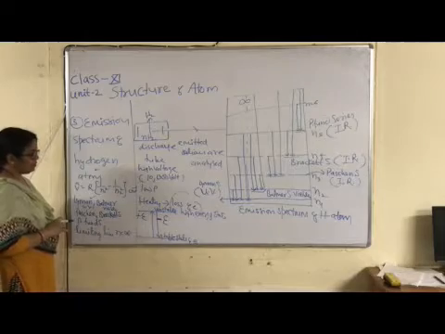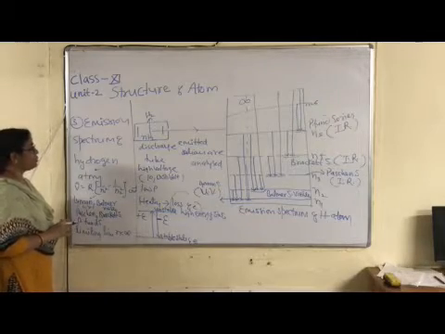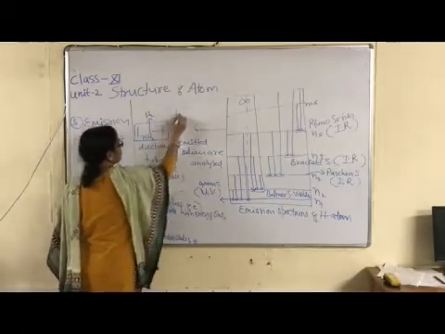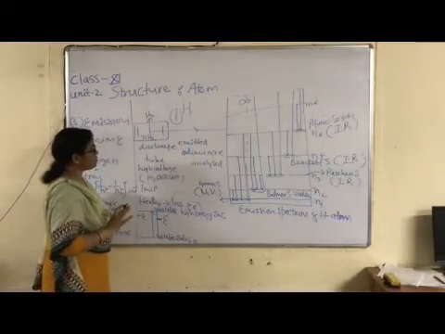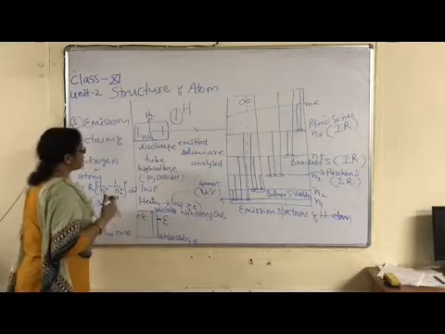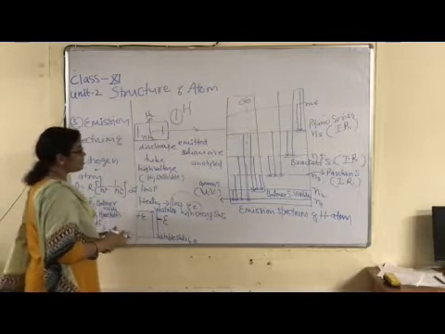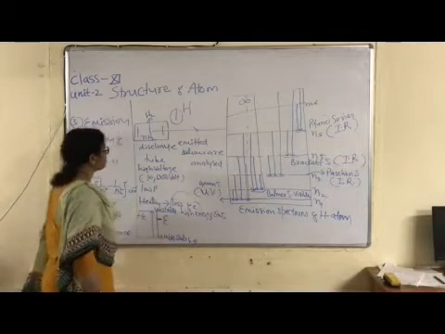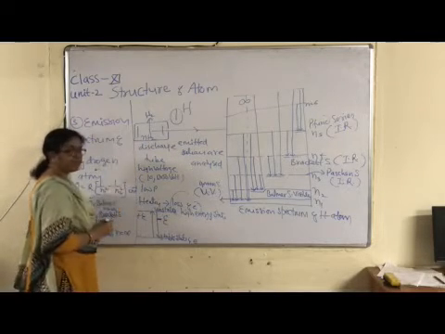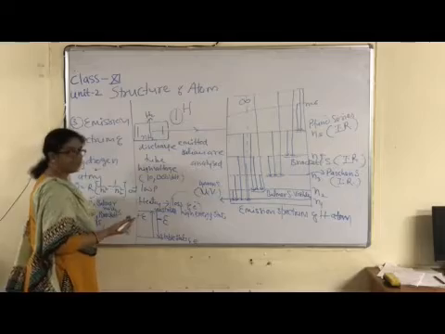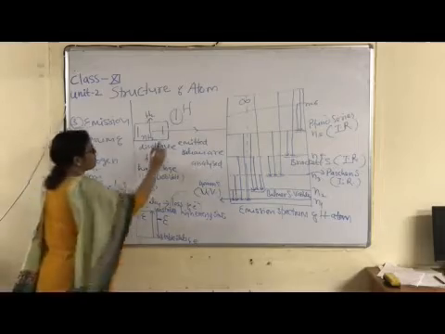Okay children? So the first possible question: although the atomic number of hydrogen is 1, in its emission spectrum a series of lines is obtained. What is the reason? When n molecules of hydrogen gas are present, on excitation how many electrons are lost?